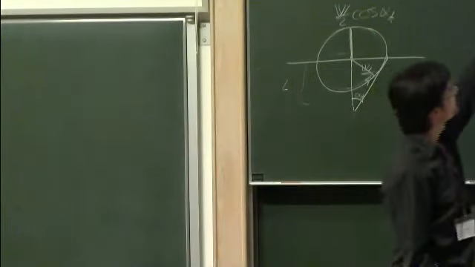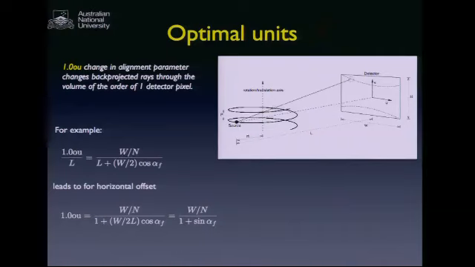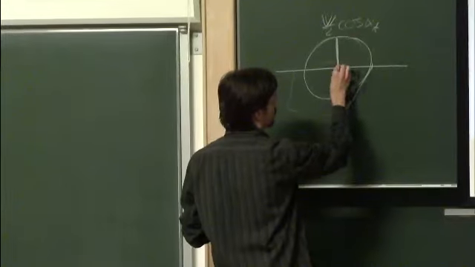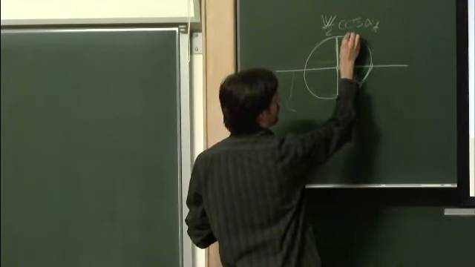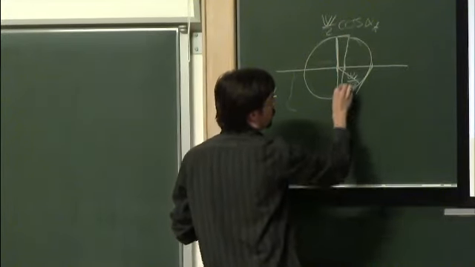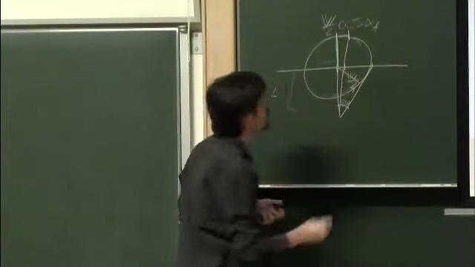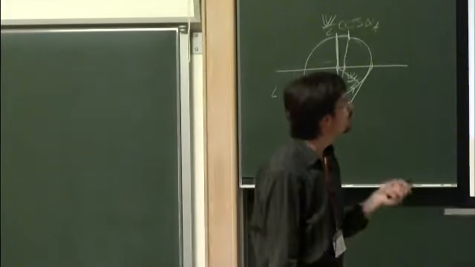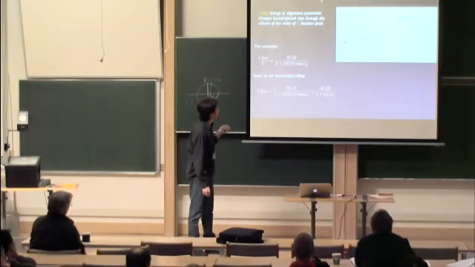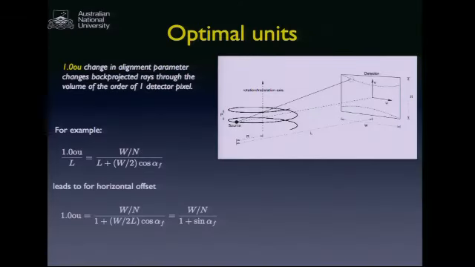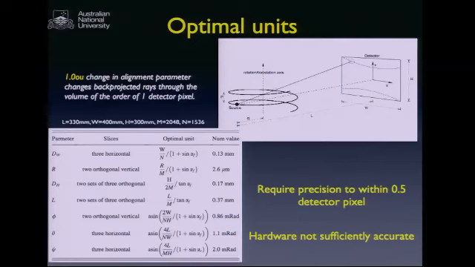That just tells us that if we move it by 1 optimal unit at the detector, then at the back here we should not deviate by more than 1 voxel in the reconstruction. That's all it is. The other parameters are a bit more involved. You need to invoke sine rules and cos rules, but it all boils down to trigonometry to find out what these parameters are.